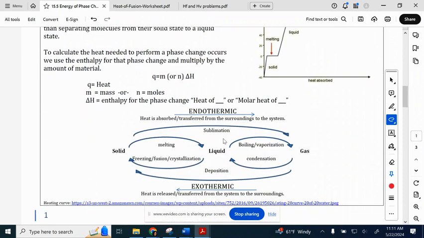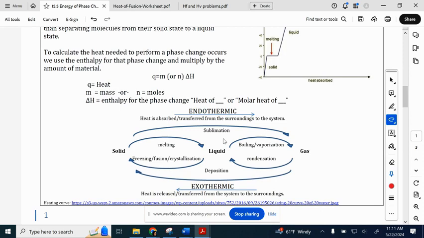So if it's endothermic, we're absorbing heat from the surroundings, and we're going to go from a solid to a liquid to a gas, or you could go directly from a solid to a gas. And then you know what the phase changes are for going the other direction.